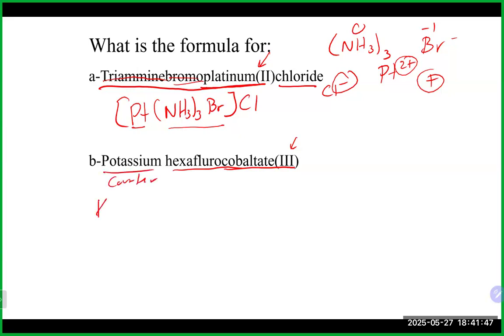All right, so this is obviously our counter ion. So that's potassium. I know that's a K plus. So hexafluoro, that seems like 6 F's there. And cobaltate is cobalt with a +3 charge. So here I got this happening. Again, each one of these is -1, and there's 6 of them.